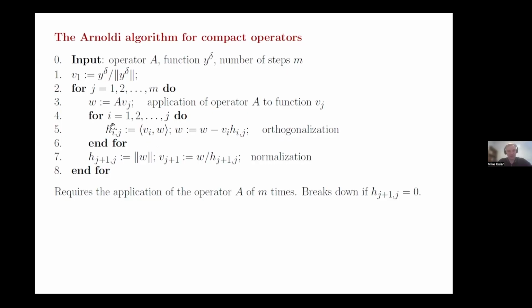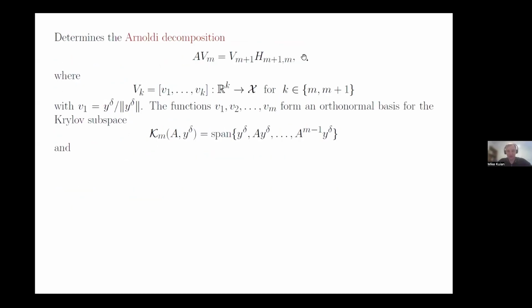As a result of the Arnoldi algorithm, we get a decomposition: our original operator times VM. VM is a matrix whose columns are orthogonal vectors of the Krylov subspace.